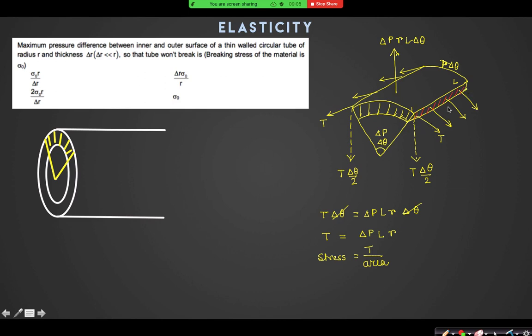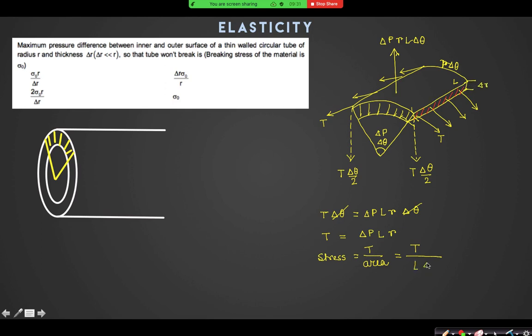Tension is acting perpendicular to this side area. So if I have to calculate the normal stress, then which area will I divide the tension with? L into delta R. Yes, because this thickness is delta R, this thickness is delta R, and this side length is L.